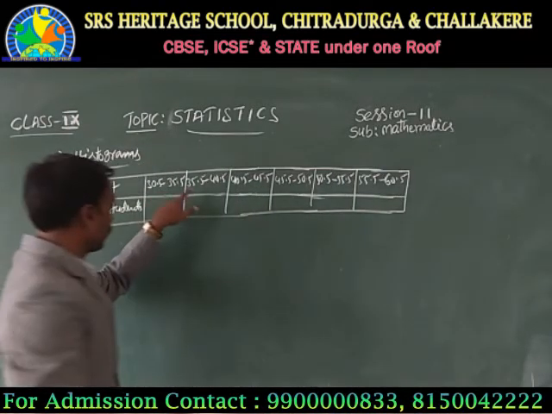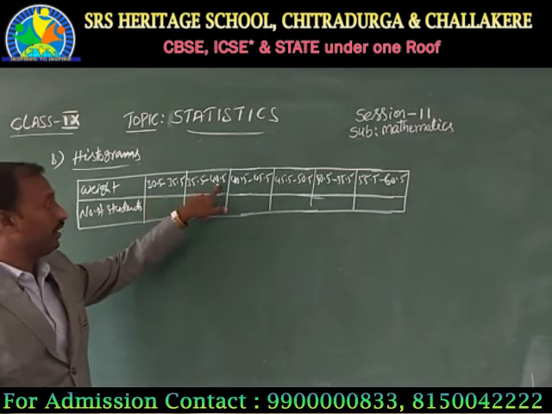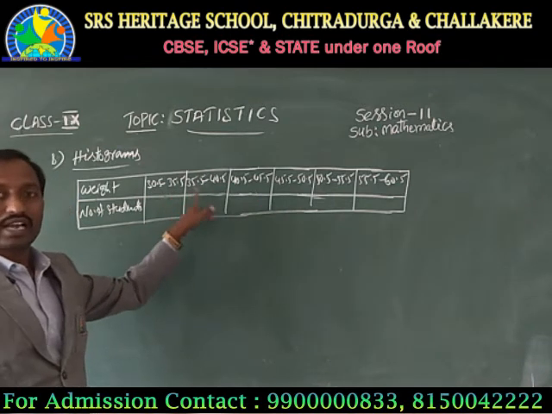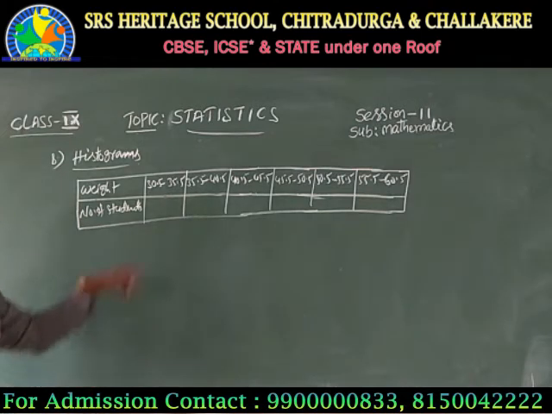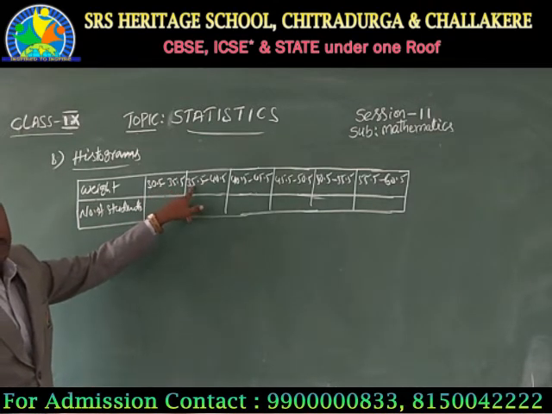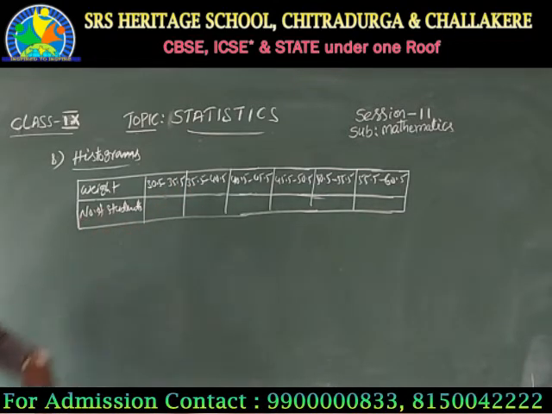The weight class intervals are given as 30.5 to 35.5, 35.5 to 40.5. Those are exclusive class intervals as we discussed in the previous session. The upper limit 30.5, the lower limit of the next class also 35.5. So exclusive class intervals.